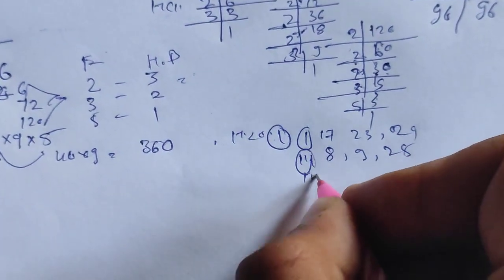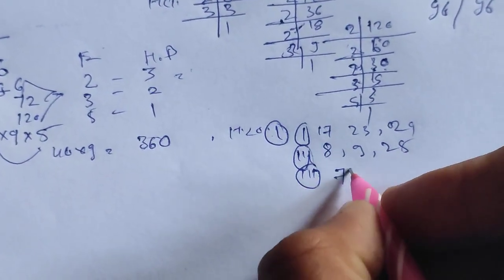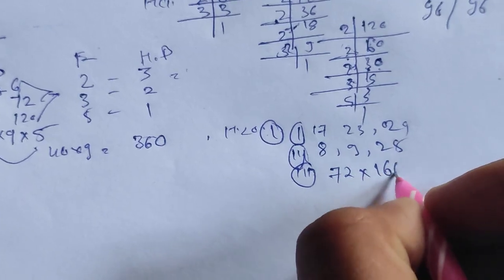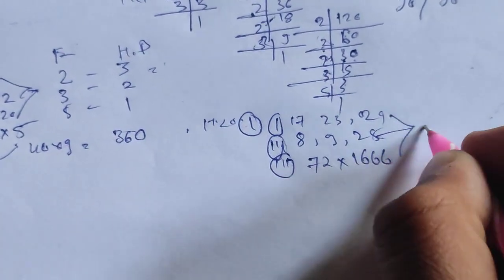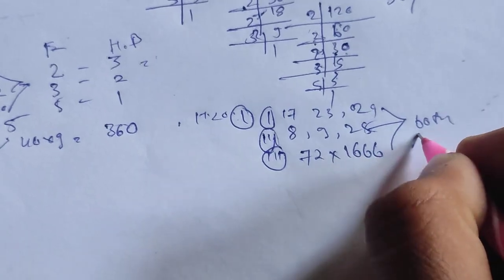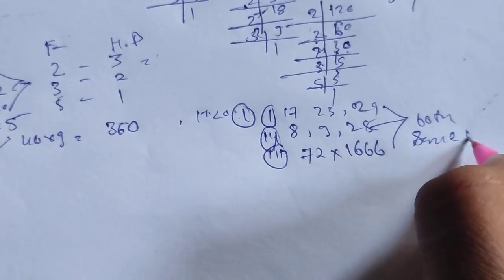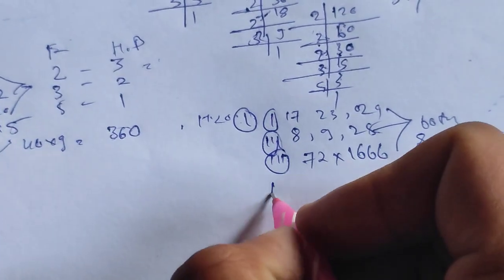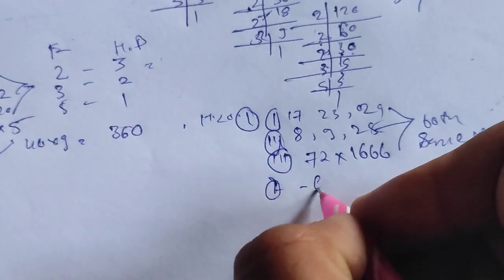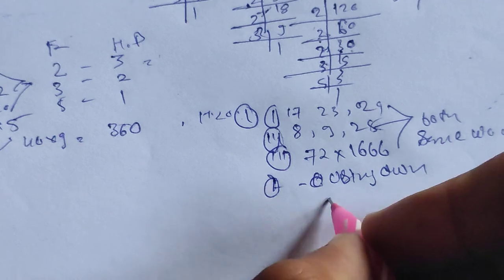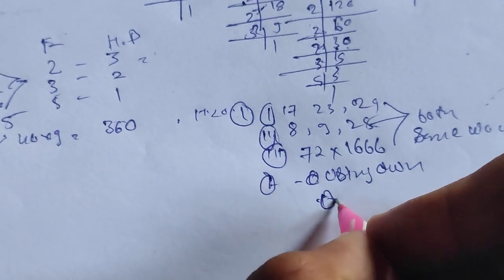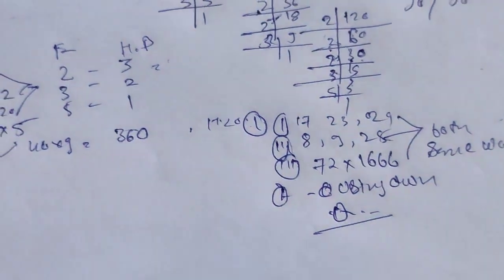Third, solve for 72 and 1666, both in the same way as you know. And again, make your own question and solve it.